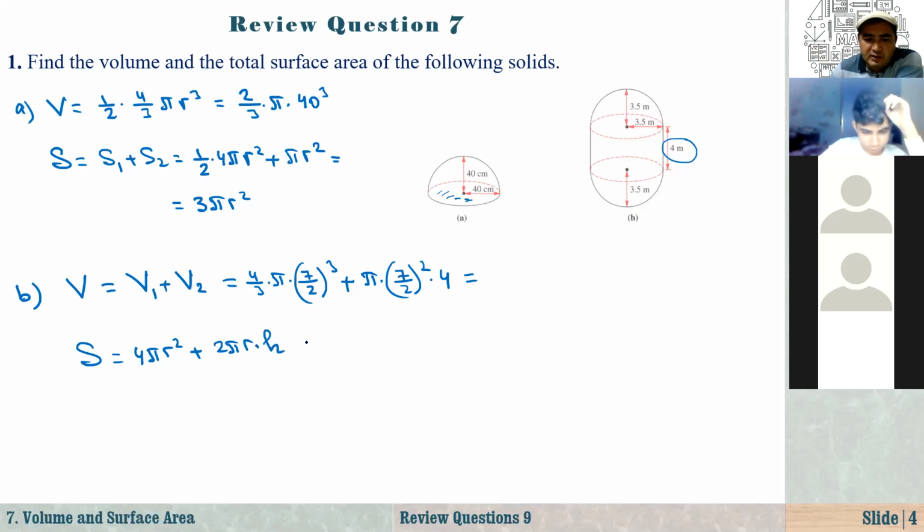So here, 4 pi, and the radius of the sphere is 7/2 squared, plus 2 pi. And what is the radius of the cylinder? 7/2 times, how about height? Height is 4 meters, okay? And just evaluate and you will get the answer.